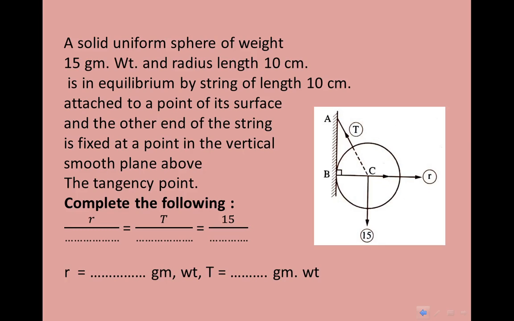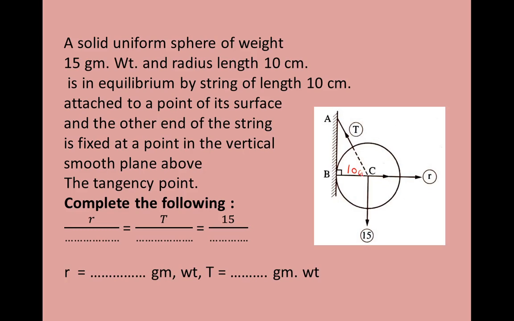Then it is given a right-angled triangle ABC, where the measure of angle B equals 90 degrees. The weight of this sphere equals 15 gram weight, and the radius length of the sphere equals 10 centimeters.